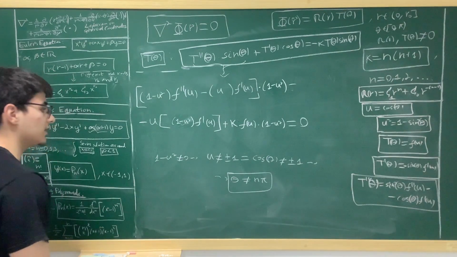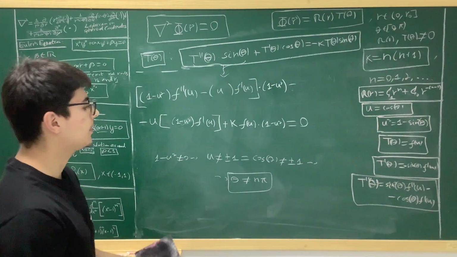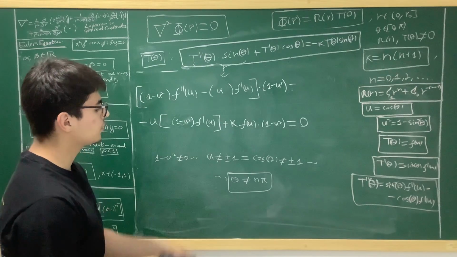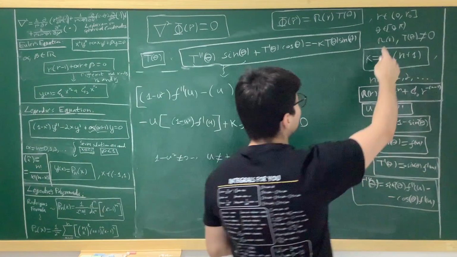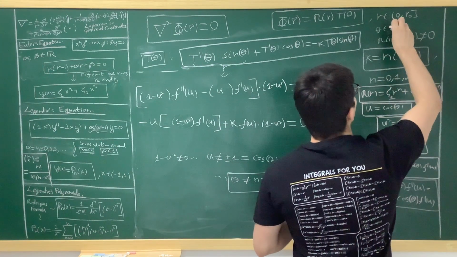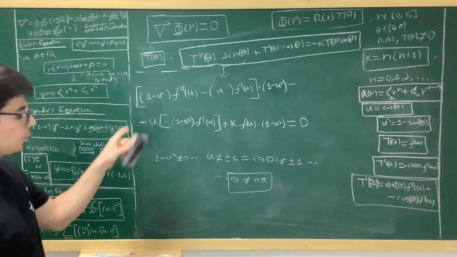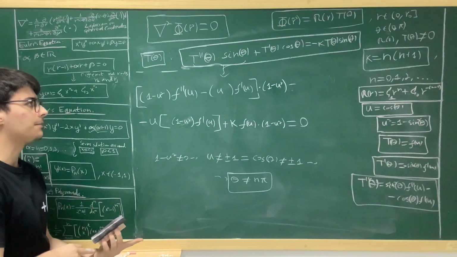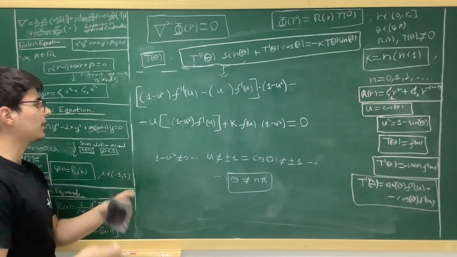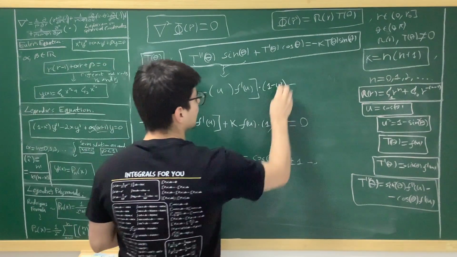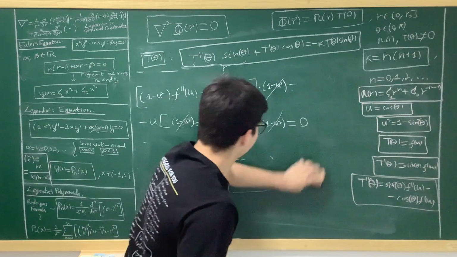Just making things a bit easier for us so we can divide. So this is what happens. We can actually now divide. And well, 0 should actually be another problem. So let's just again get rid of 0. Just keep it like that. So we can actually divide because theta is not n pi. So this and this cancel out.